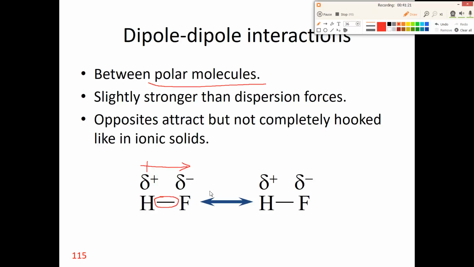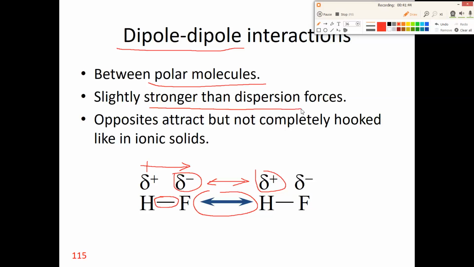So the attraction between these two HF molecules, because there's a permanent dipole, is that the partial positive charge is going to attract the partial negative charge between these two. It's called a dipole-dipole interaction. It's stronger than dispersion force, because dispersion depends on a temporary dipole, on how unevenly the electrons are distributed.